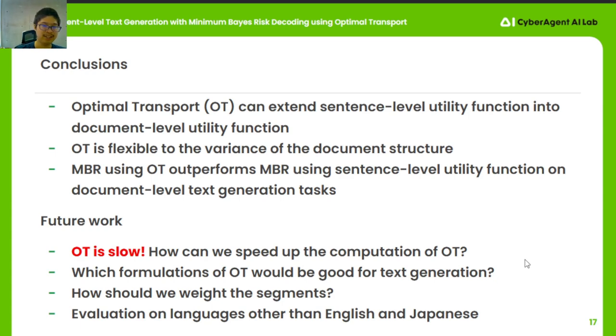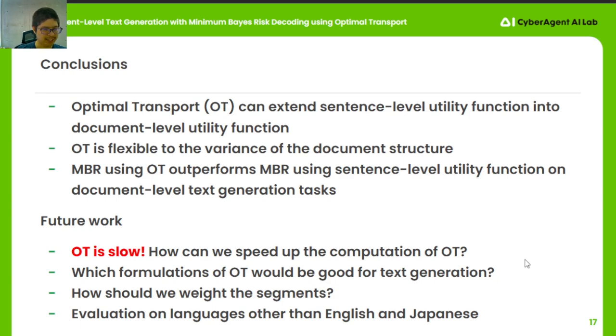Optimal transport can extend a sentence-level utility function into a document-level one. It is also flexible: if you have a document-level utility function, you can combine them for a book-level utility function. And MBR using optimal transport outperformed MBR in document-level text generation tasks.